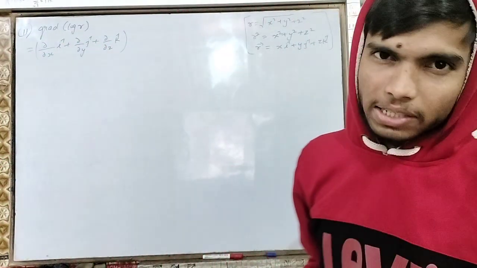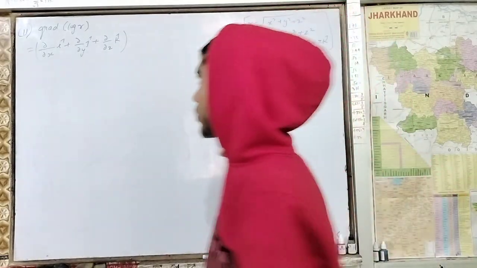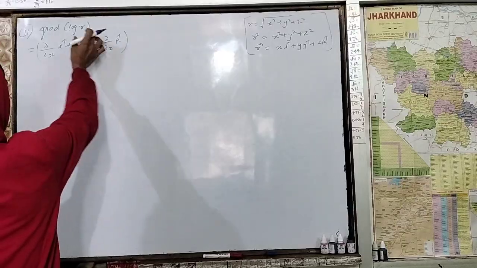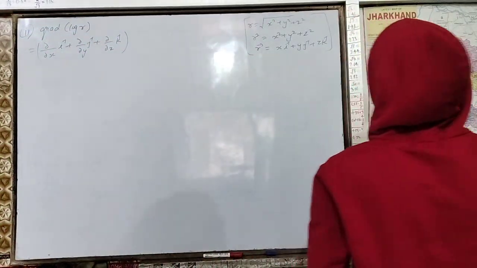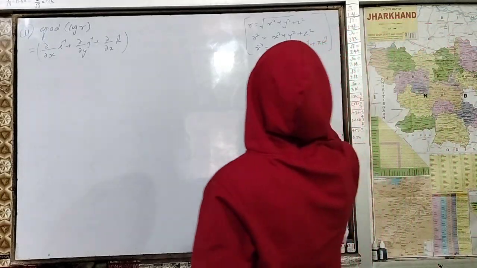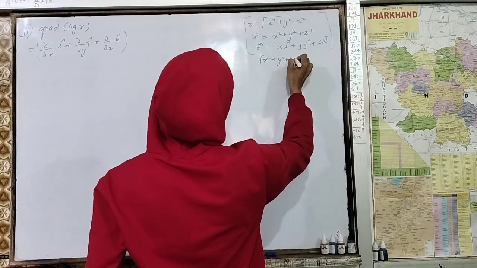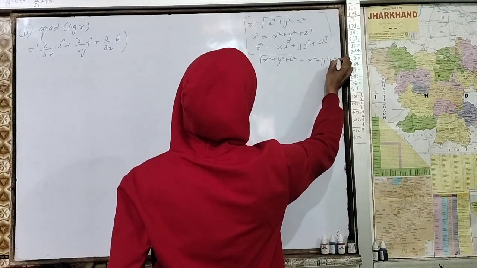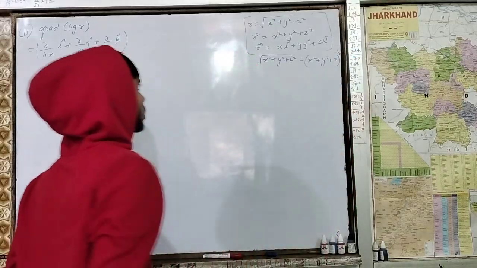The question is saying find grad of log r. The value of log r, in the place of r we can write the square root of x square plus y square plus z square. One thing more, this can be written as x square plus y square plus z square raised to power 1 upon 2.